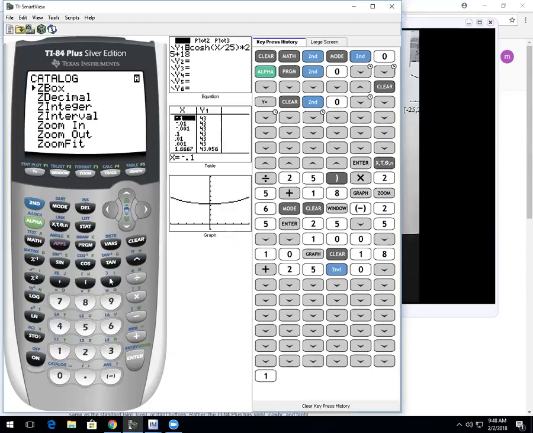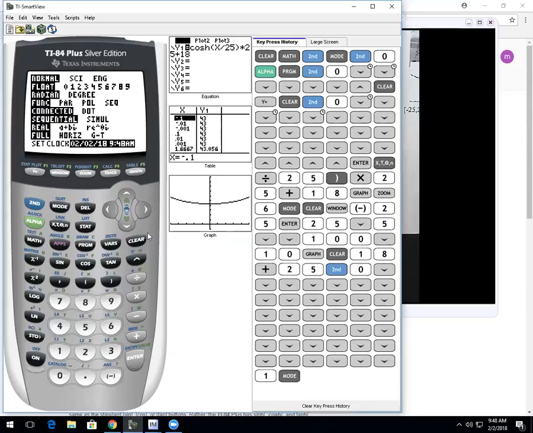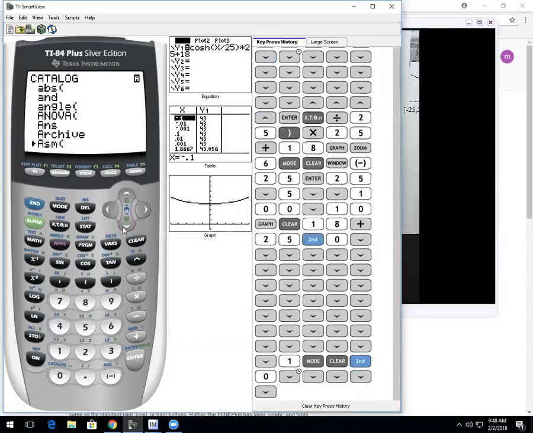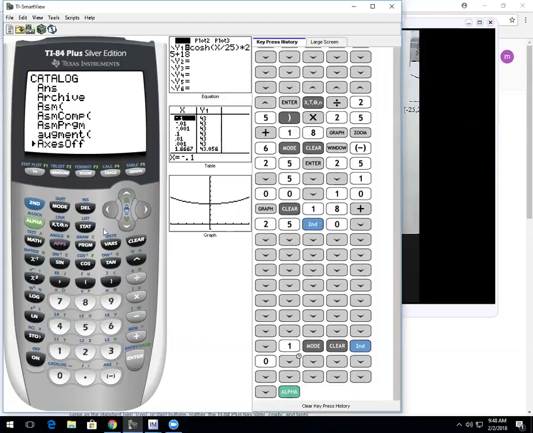Ah, what did I do? I didn't hit enter. Let's just start over. Second. Yeah, I'm still in alpha mode.